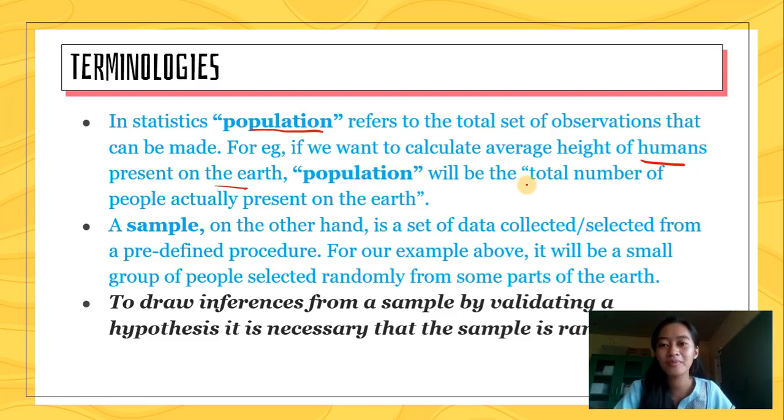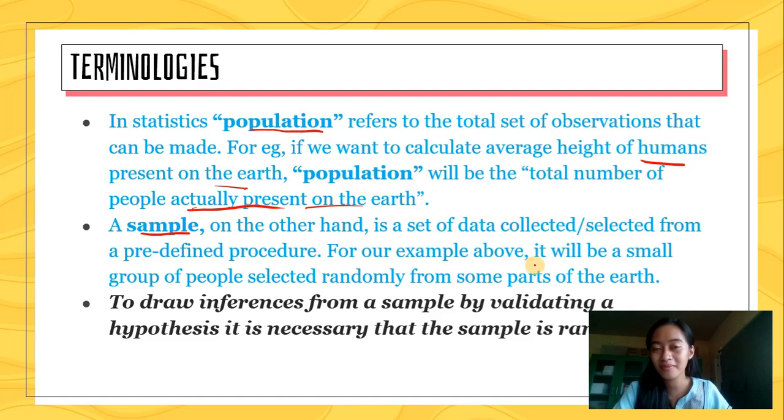So the population would be the total number of people actually present on Earth, the whole population, everyone from all countries. A sample, on the other hand, is a set of data collected or selected from a predefined procedure. You can have random sampling or purposive sampling, or you can just choose which countries you'd count as humans on Earth. So it's a predefined procedure.